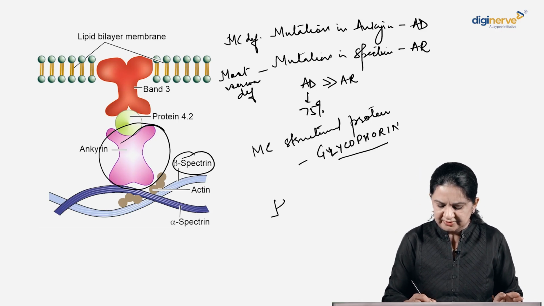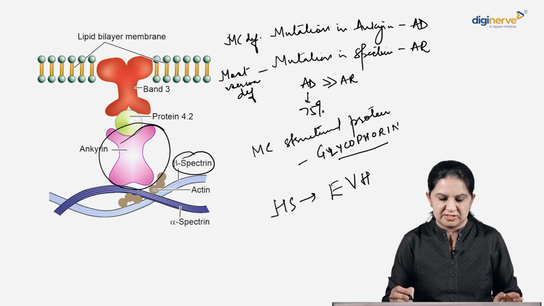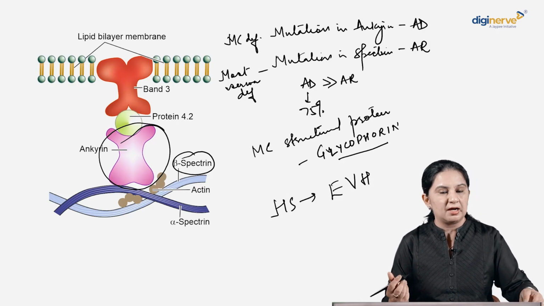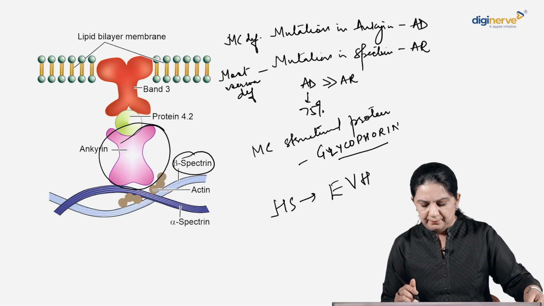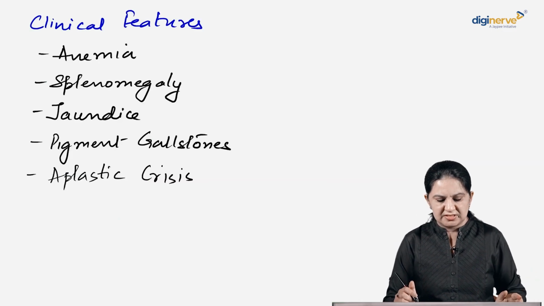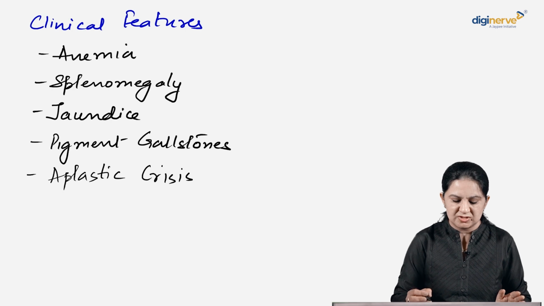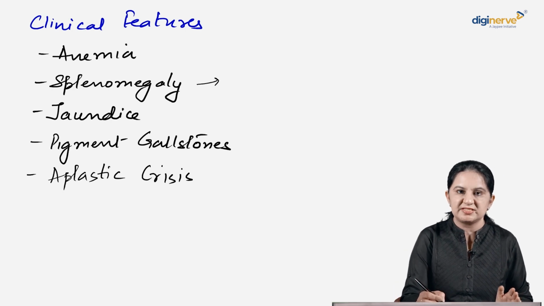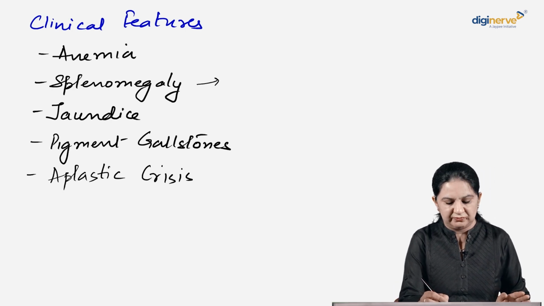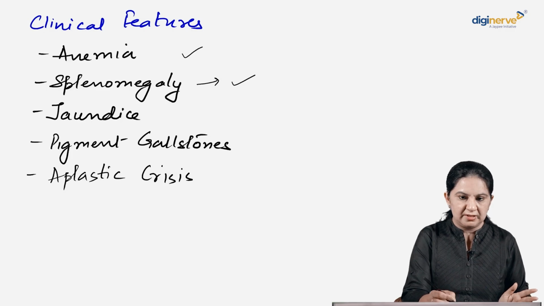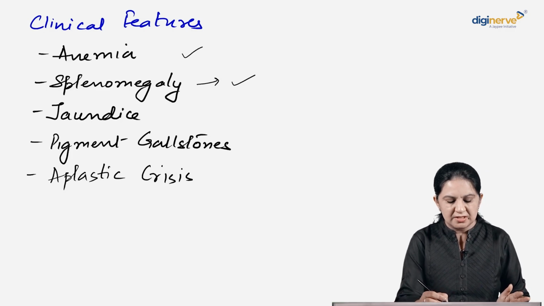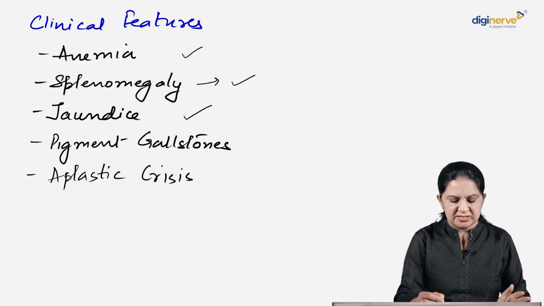Please remember, hereditary spherocytosis is an example of extravascular hemolysis. The hemolysis is occurring outside the blood vessels. Where exactly does hemolysis occur? It occurs in the spleen. So this explains, since it is extravascular, patients will suffer from splenomegaly, anemia, very obvious, jaundice, and pigment gallstones.